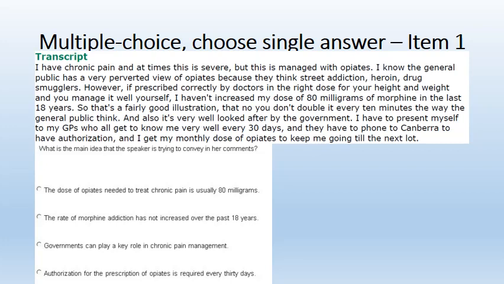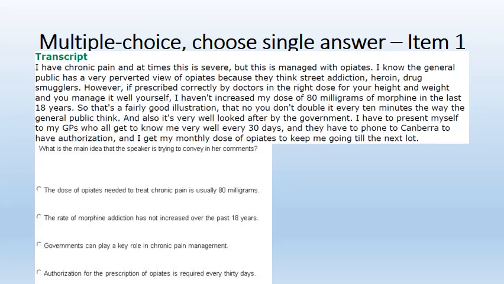I have chronic pain and at times this is severe, but this is managed with opiates. I know the general public has a very perverted view of opiates because they think street addiction, heroin, drug smugglers.